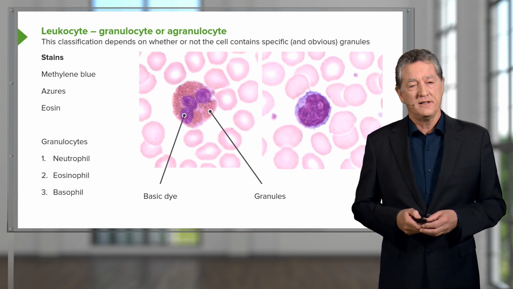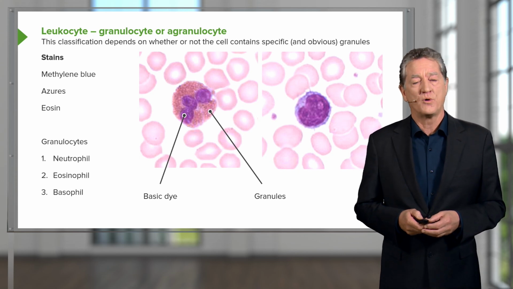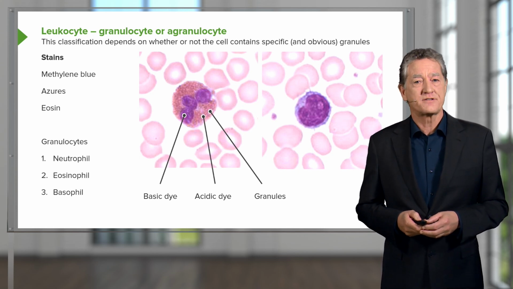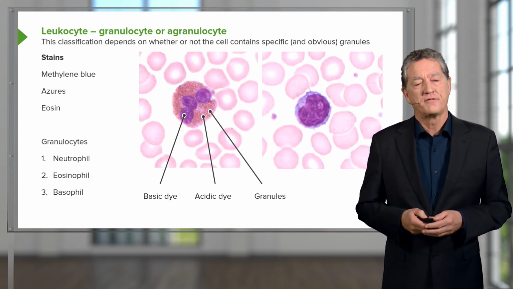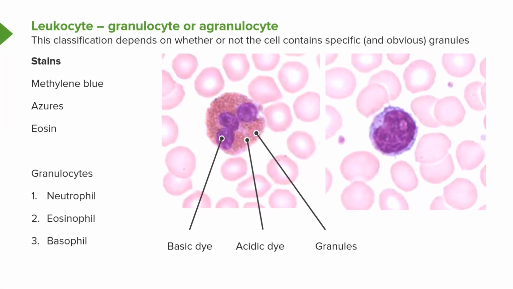A basic dye will stain the nucleus. It has an affinity for the DNA and acids within the nucleus. Similarly, an eosin dye or an acid dye has an affinity for a basic component in the cell, in the chemical nature of some of the components of the cell.